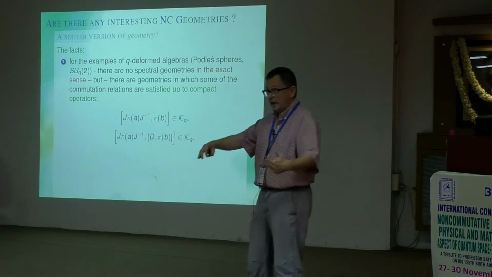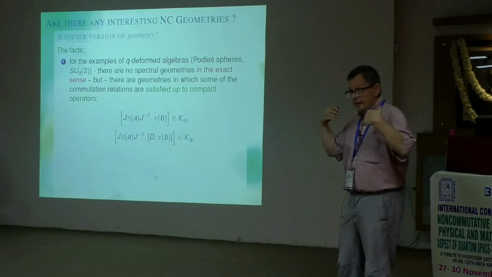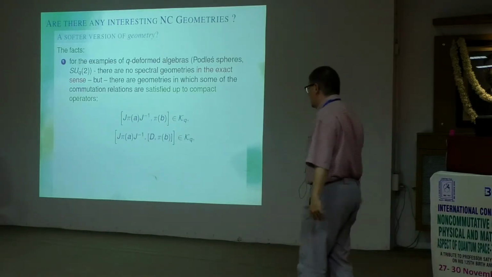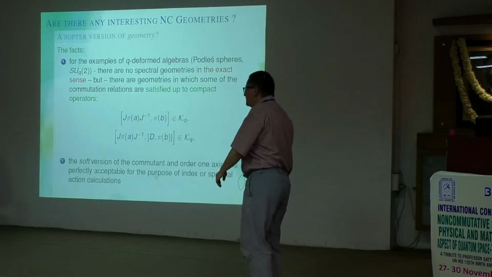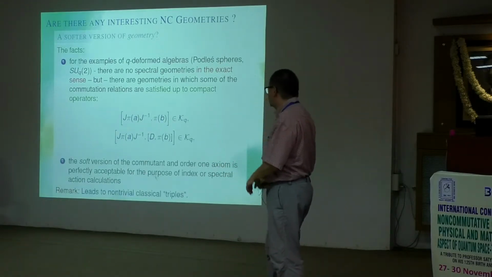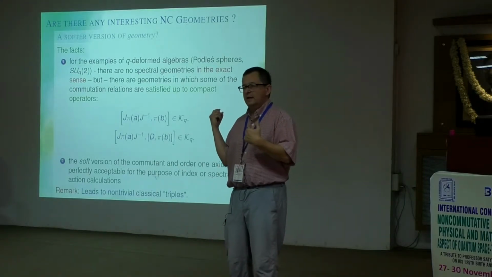So compute explicitly, using the Connes-Moscovici formula, the explicit cyclic cocycle. Now, they are acceptable, but lead to non-trivial cases in the classical geometry.